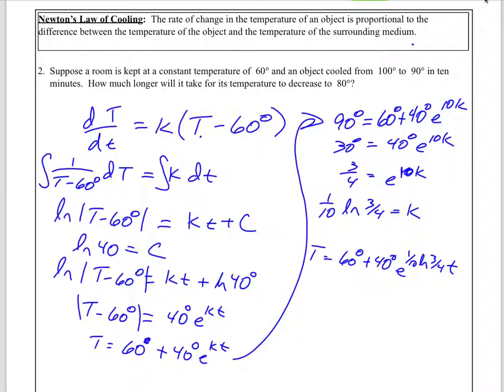So it says how much longer will it take for its temperature to decrease to 80 degrees? Plug in 80 for big T. I'm going to subtract 60 and I'm going to divide by 40, so that ends up giving me 1/2.